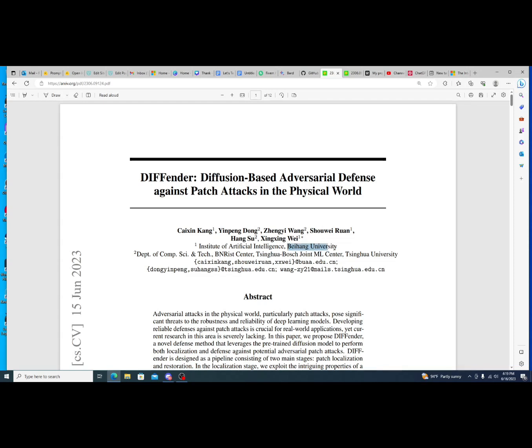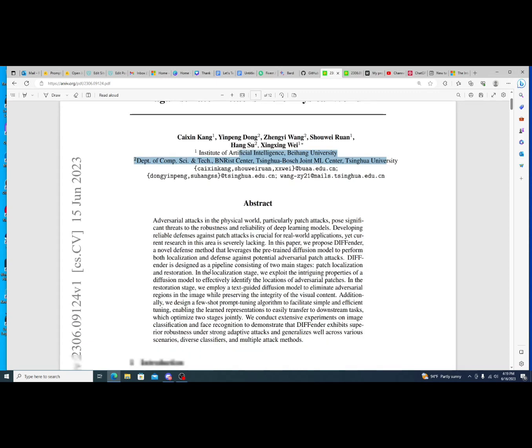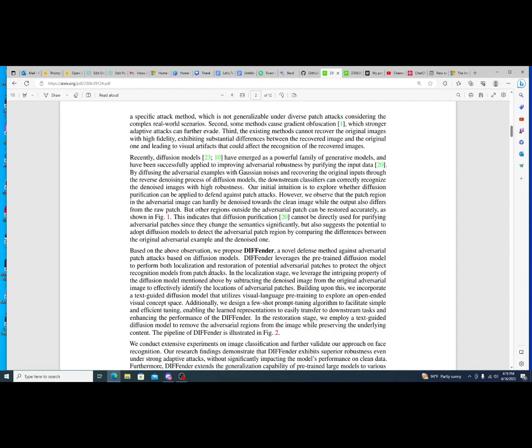It looks like a joint effort between two universities in China, but the significance overall is that essentially it's a battle both ways between the people that are developing bad uses for this technology and the people that are developing good uses for it. And what the good uses are and what the bad uses are is indeterminate at this point.